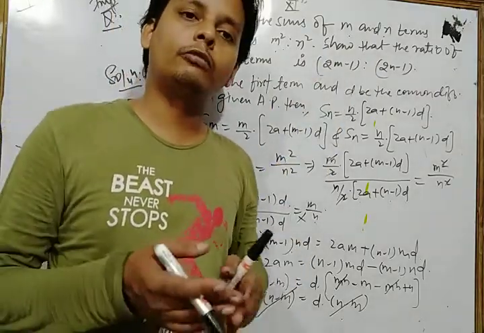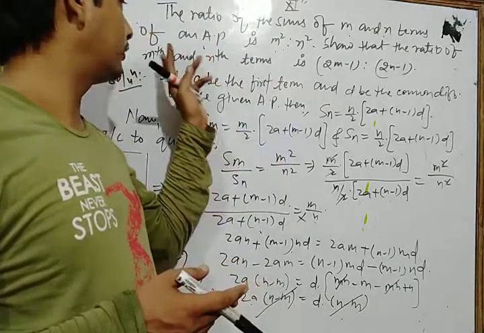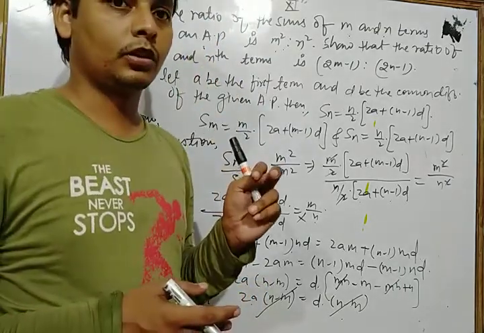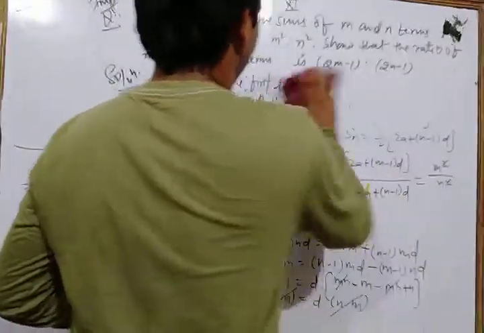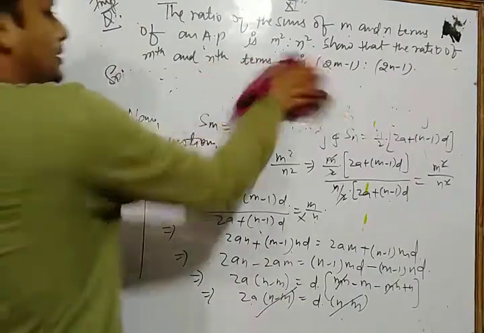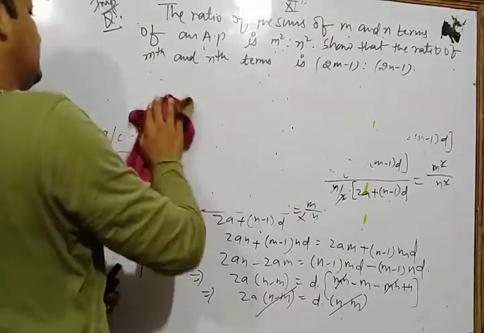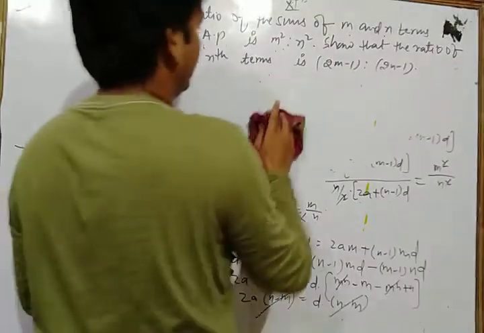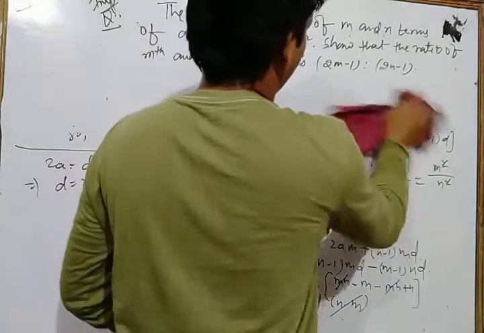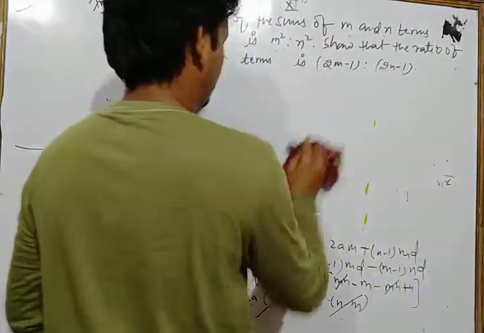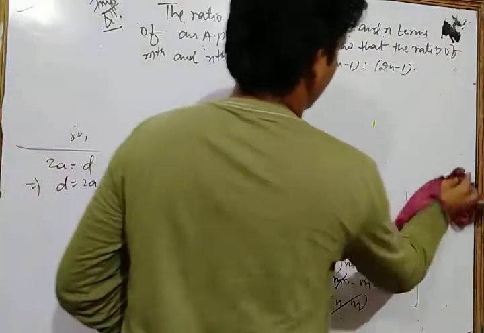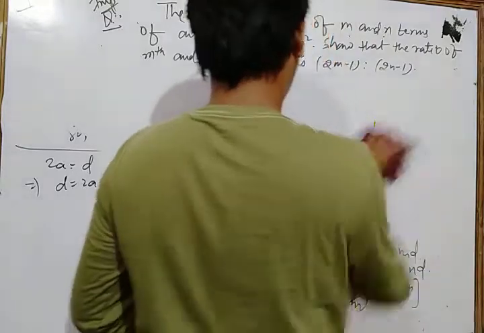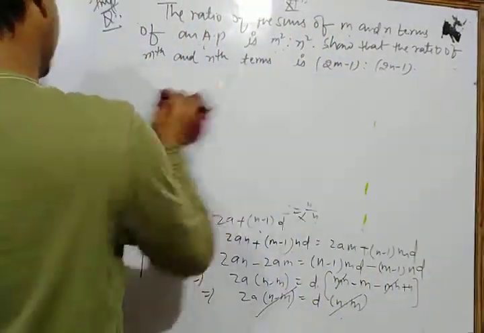Now we apply the formula of the nth term, meaning the ratio of the mth and nth term. Now let's see.